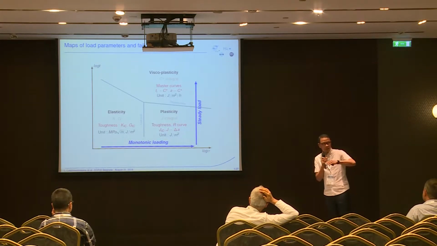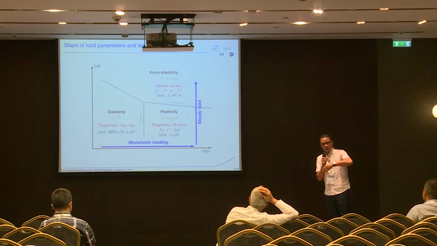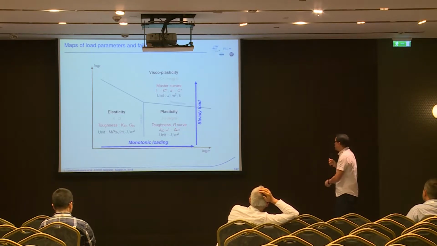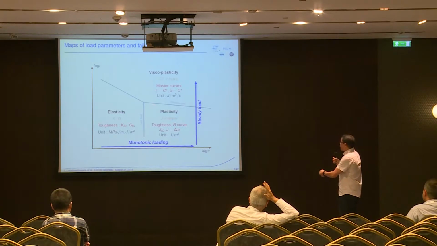I won't stick on it here, but we know that this C star is the parameter to control the stress singularity, like for the HRR field. What is also important here is the transition time. We need in the experimental data to reach this transition time in order to have this stabilized secondary creep.